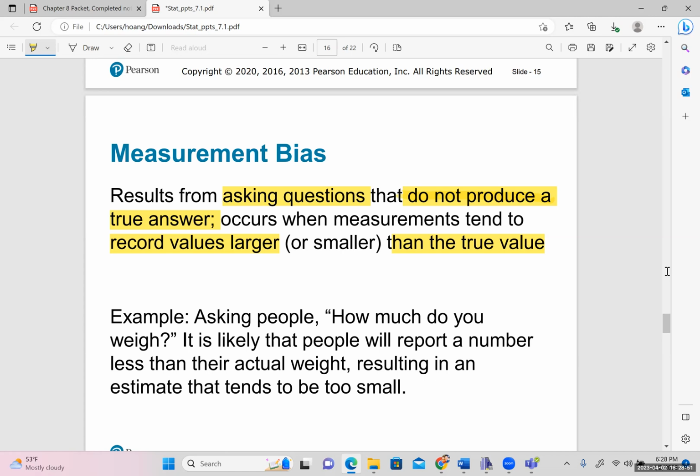So you can see that people will likely report a number less than their actual weight. In Americans, usually it's less, but in my home country, Vietnam, people are likely to report a number greater than the actual weight, because usually there people want to be heavier.